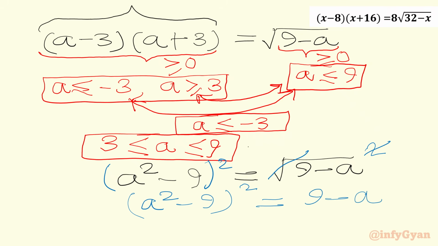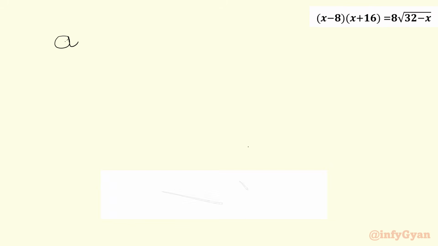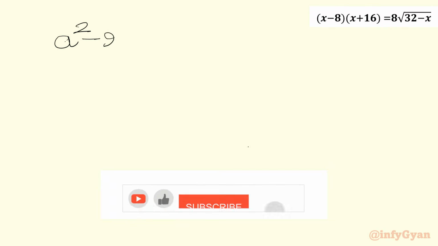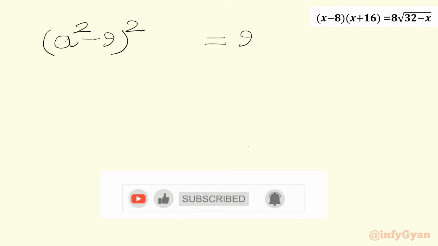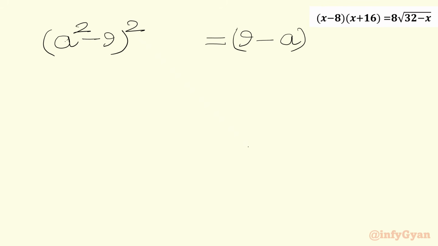Now we will use another algebraic manipulation step. I will write a square minus 9 whole square equal to 9 minus a. Now I will subtract a square from both sides. Now in LHS we can use the difference of two squares identity, a square minus b square equals a plus b times a minus b.